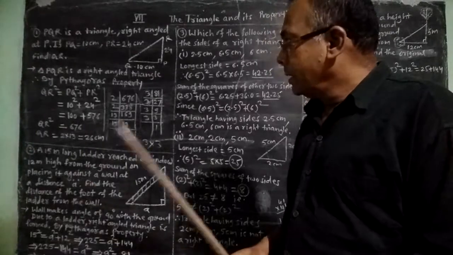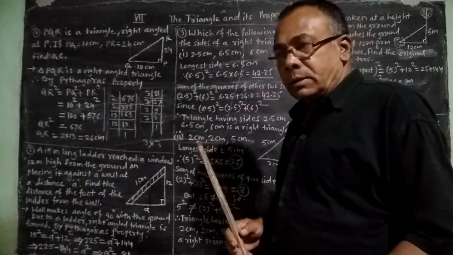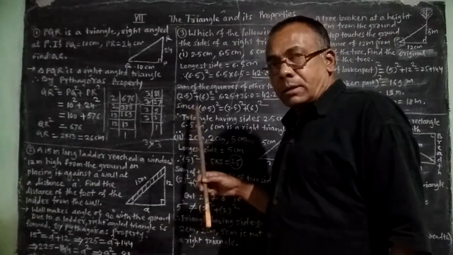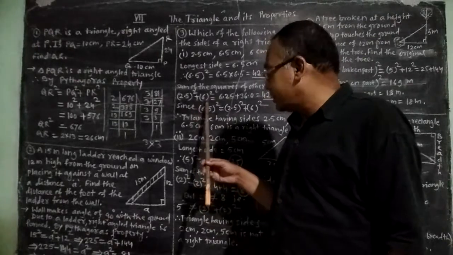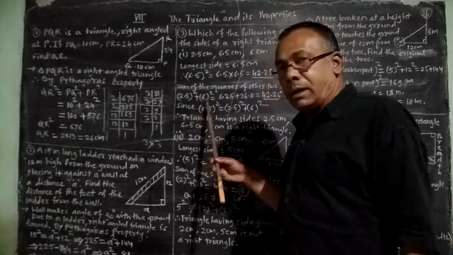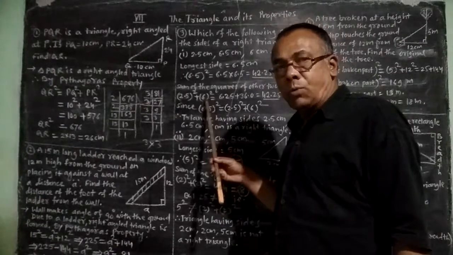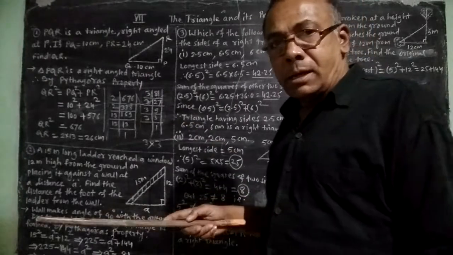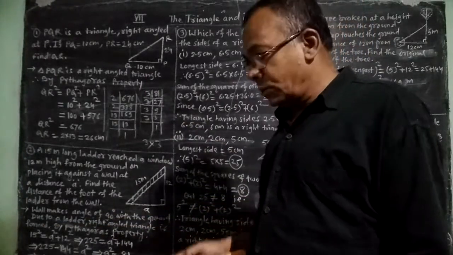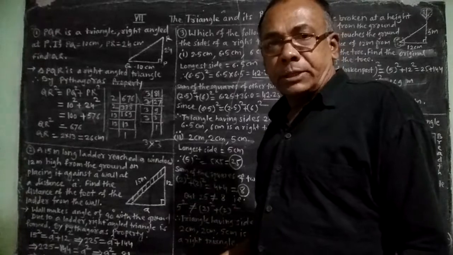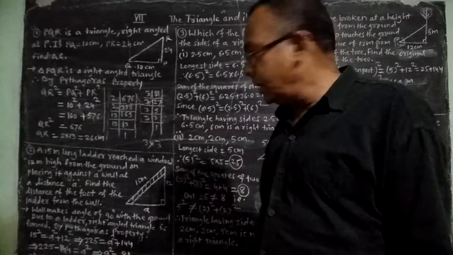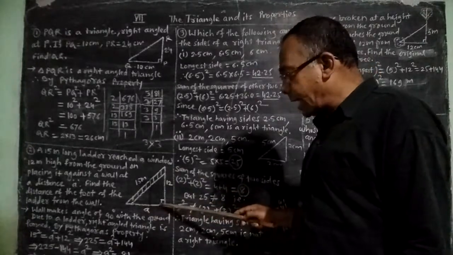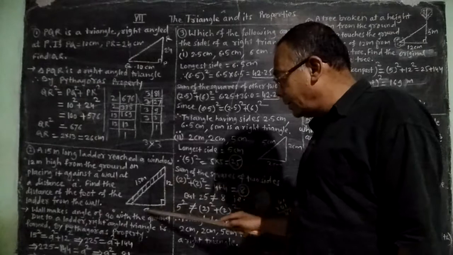We know that if we keep the ladder, then it makes some angle with the wall as well as the ground. But the ground and wall make a right angle because the wall is standing perpendicularly, and therefore we get the right angle triangle here. Means the right angle is between the wall and the ground.